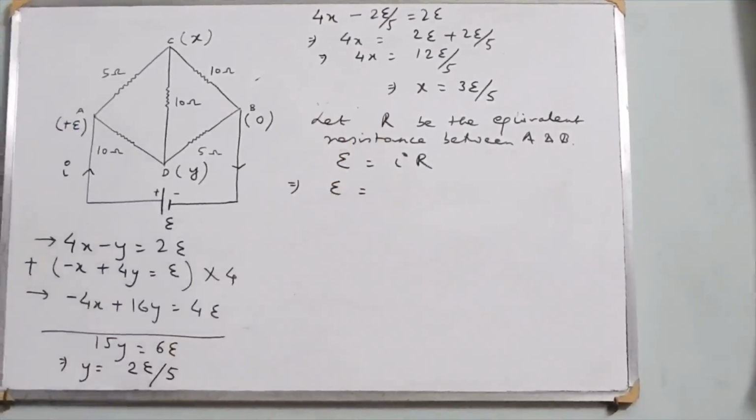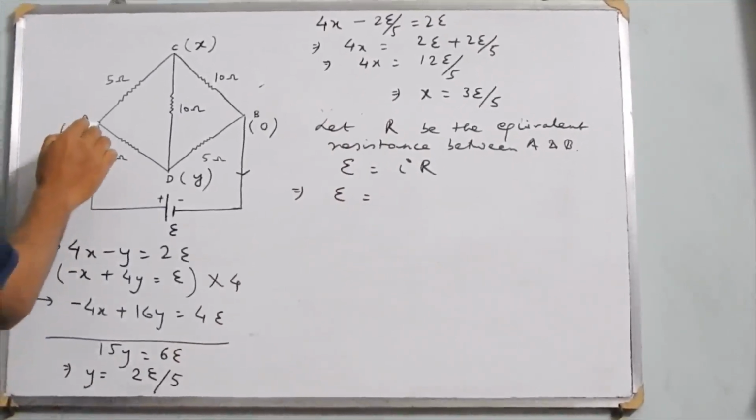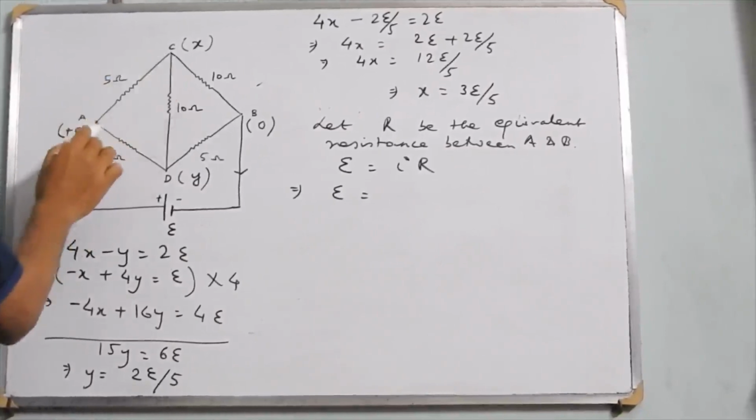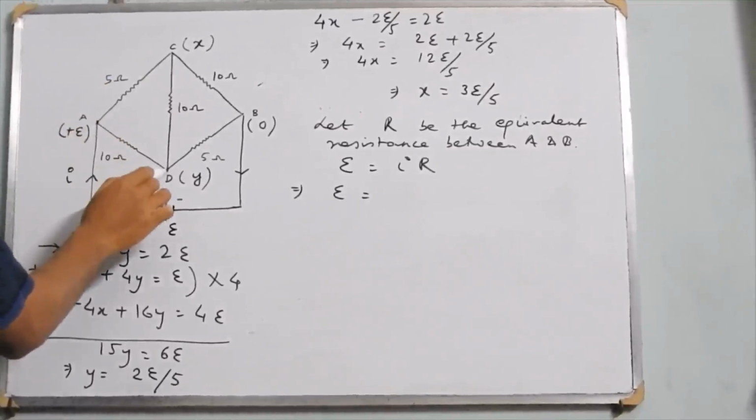Now, I is the current entering the junction A. A part will enter along AC, a part will enter along AB.